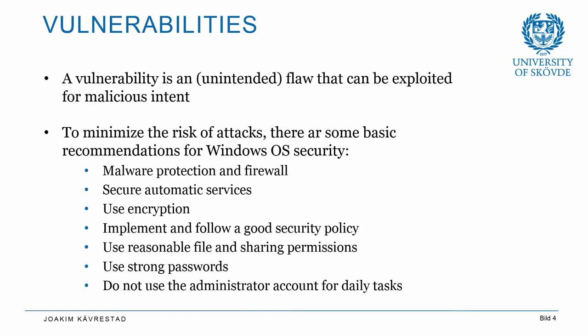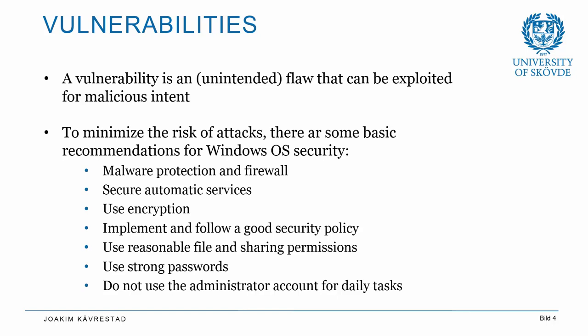So to minimize the risk of attacks, there are some basic recommendations for Windows operating system security, as discussed in this course. So first of all, we need malware protection and firewall. We need an antivirus program, and we need the firewall to be up, those 2 functions provide a fundamental layer of security. We need to secure automatic services.